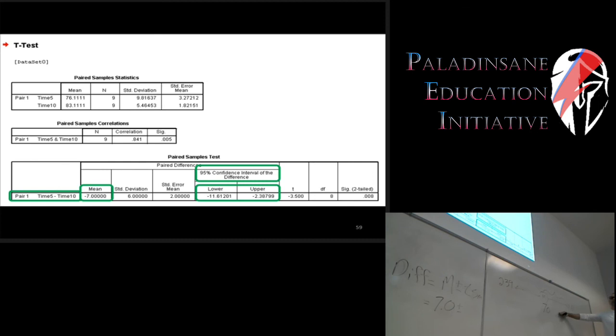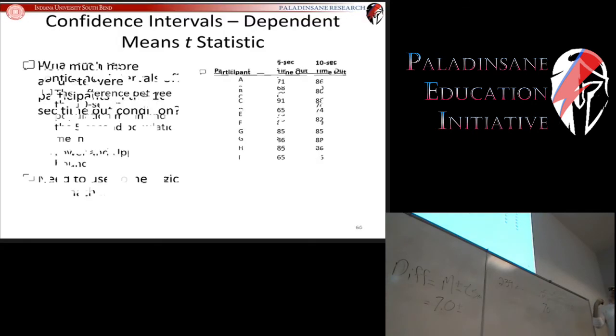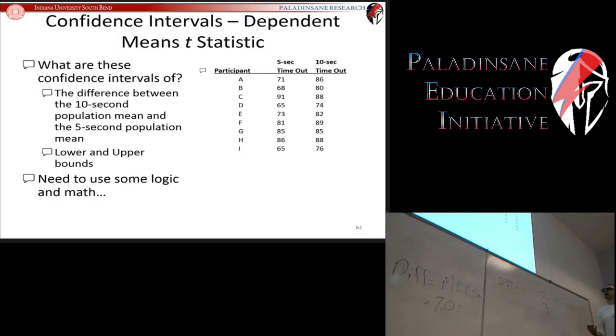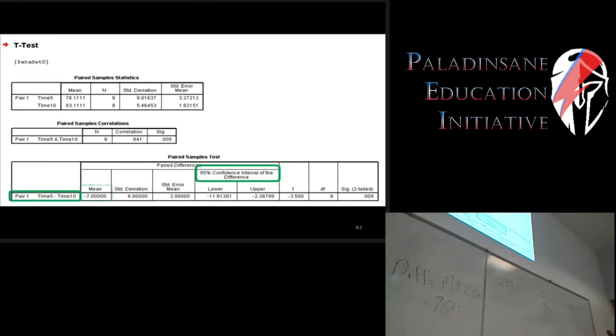All right, so now we got the information here. We have it all laid out. So what we need to do right now is, again, use a little bit of logic, a little bit of math, and we already have our center best guess right there. Now we need to use that SPSS information and come up with this difference right here. If you go upper minus lower, 11.6 minus 7.0, we will get to 4.61.